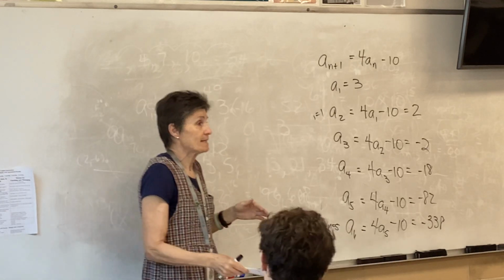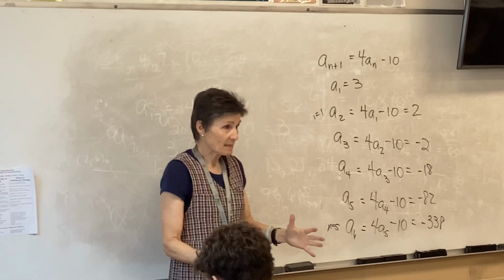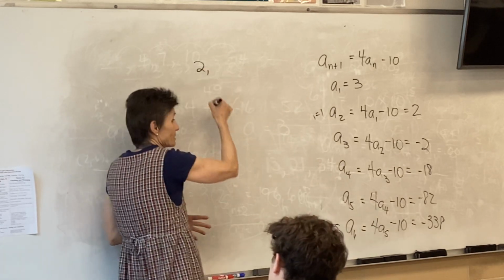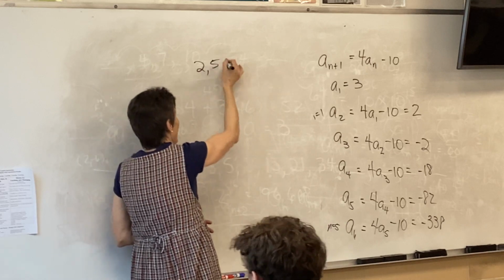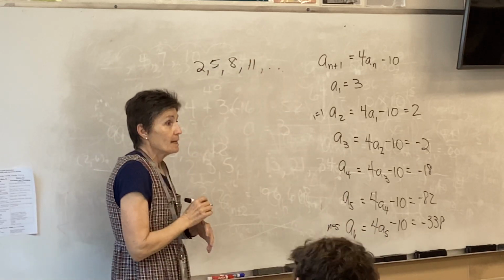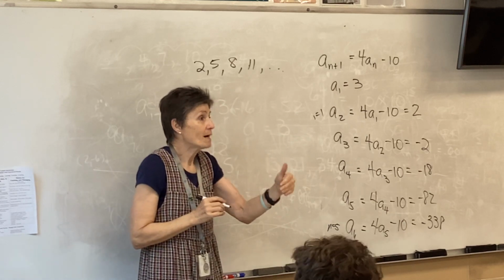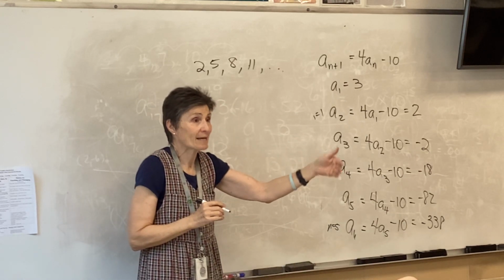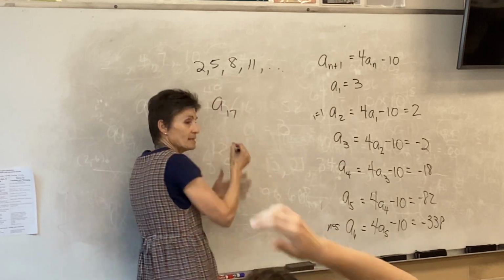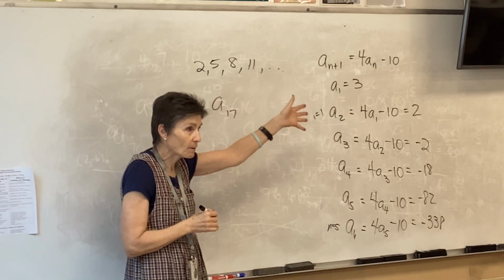So I think of it like this. If I have a piggy bank, and on the first day I put in 2 cents, and the next day I put in 5, and the next day I put in 8, and so on. How much will I put in the bank on the 17th day? Isn't that just a sub 17? Just find the 17th number.